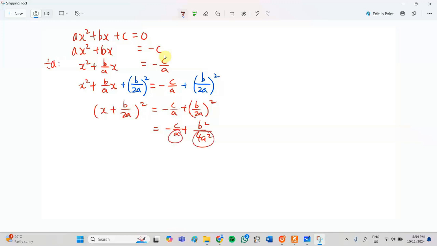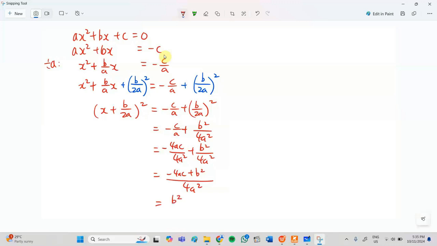Since the denominators are not the same, we multiply this by 4a such that the denominators are the same. If you multiply the denominator by 4a here, you have to multiply the numerator by 4a as well. So you will have it in a single fraction as shown.